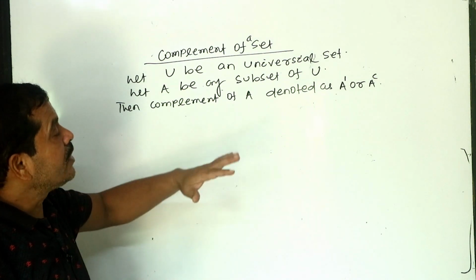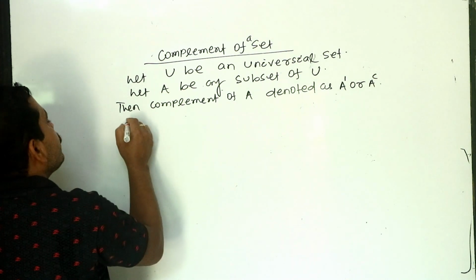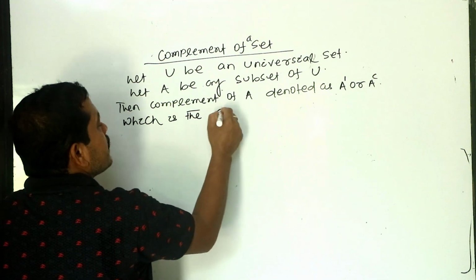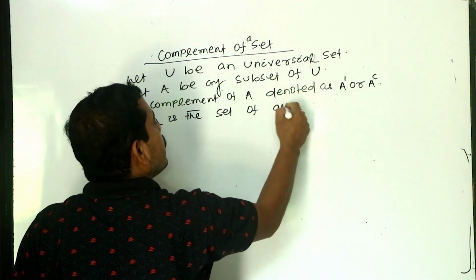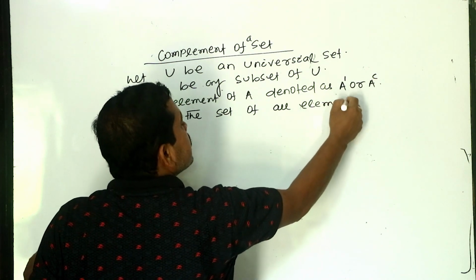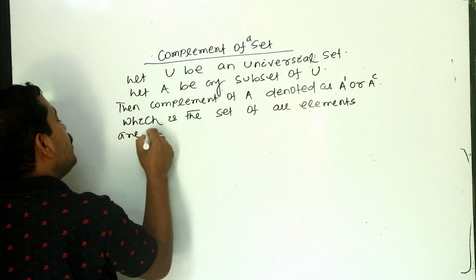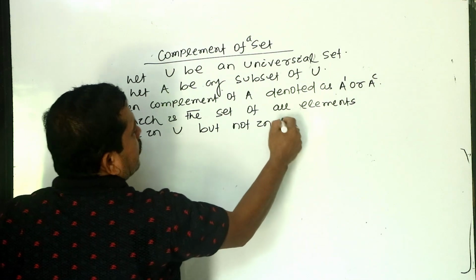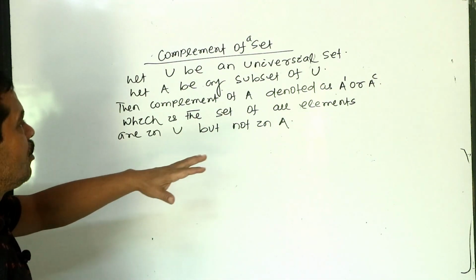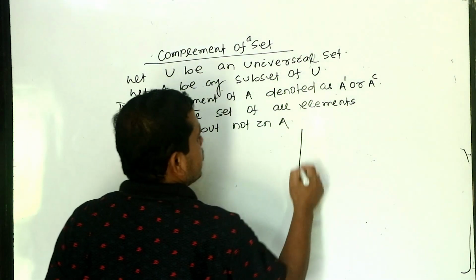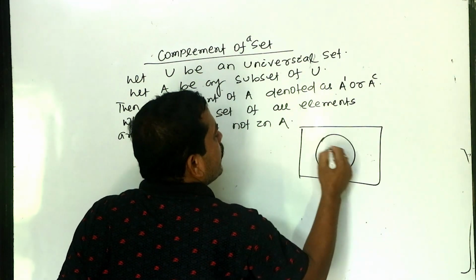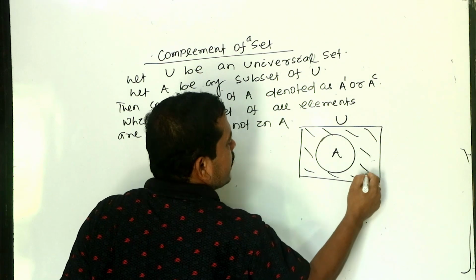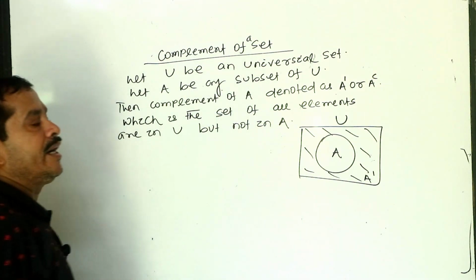That symbol denotes the complement, which is the set of all elements that are in U but not in A. That is the complement of a set. If this is set A and this is set U, then this part is denoted as the complement of this set. We denote it as A dash.